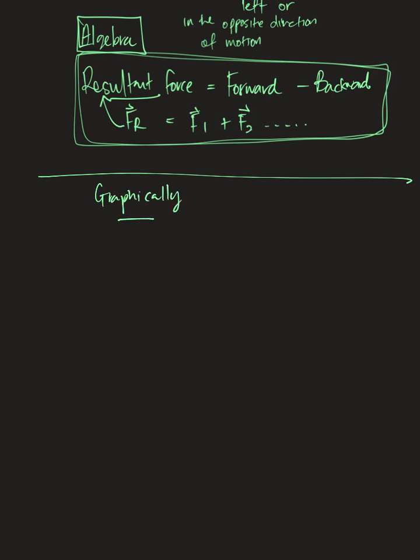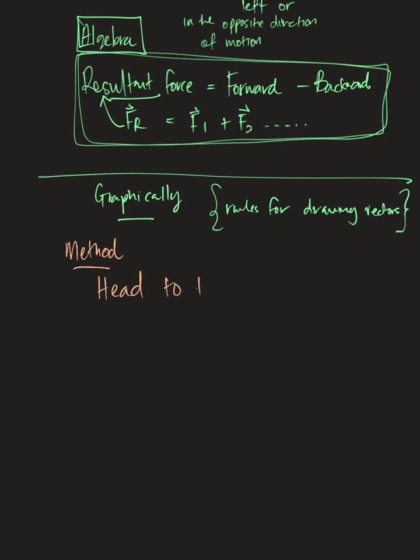Right. When we have graphically, we must use the rules for drawing vectors. The rules for drawing vectors. The method we're going to use is called the head to tail method. Right? It's called head to tail.